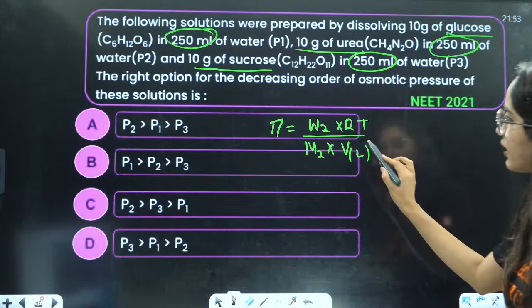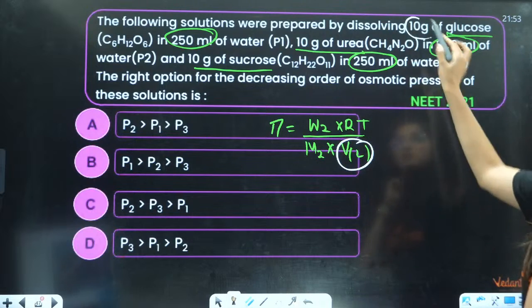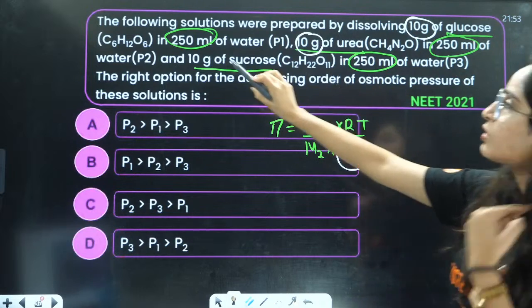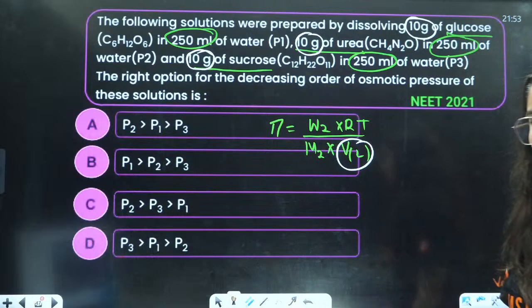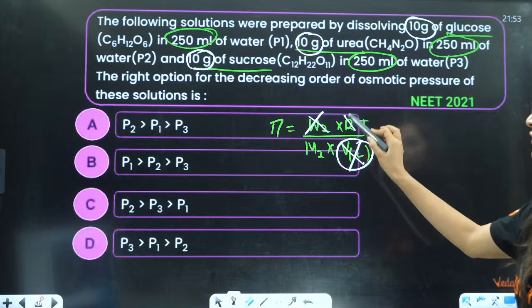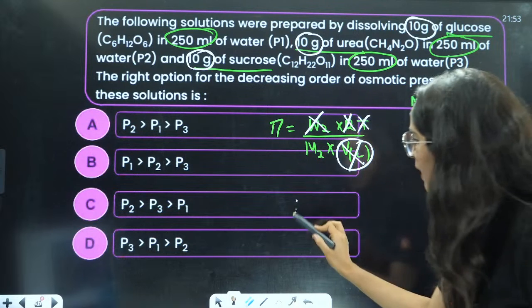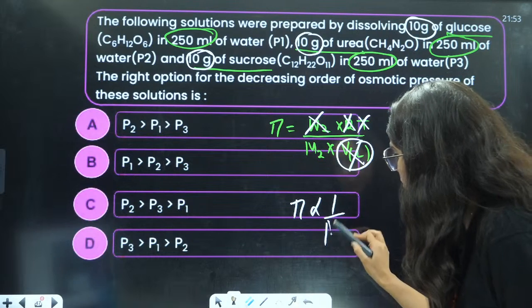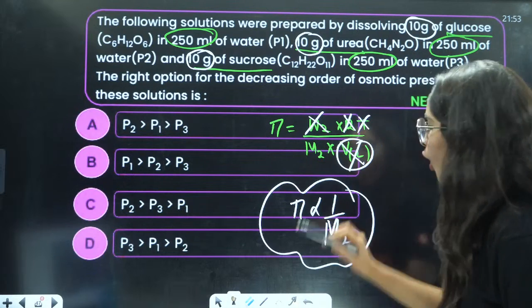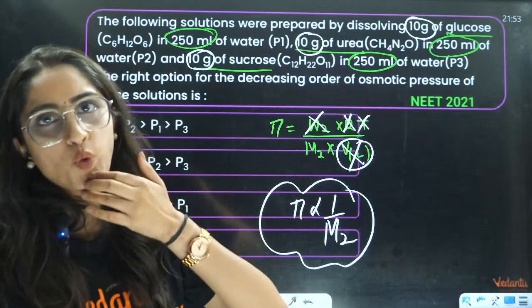Now we have seen that volume is the same. Weight is also the same: 10 gram, 10 gram, 10 gram. R is definitely the same, and temperature they are telling you is the same only. That means pi is inversely proportional to the molar mass of solute. So the more the mass of solute, the less the osmotic pressure.